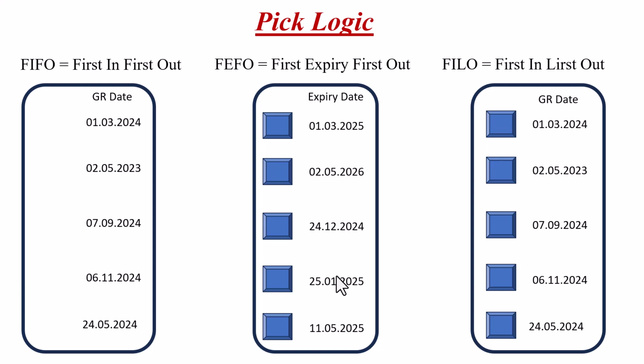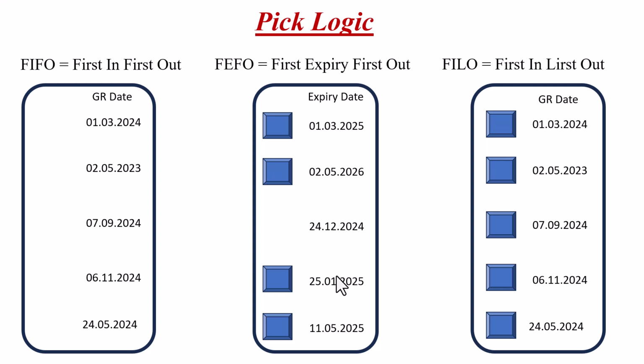So what will the system pick? The system will pick this one, and next, based on the expiry date, whichever is very soon to expire. The last but one product is going to expire in the first month of 2025. The remaining ones have really good expiry dates.